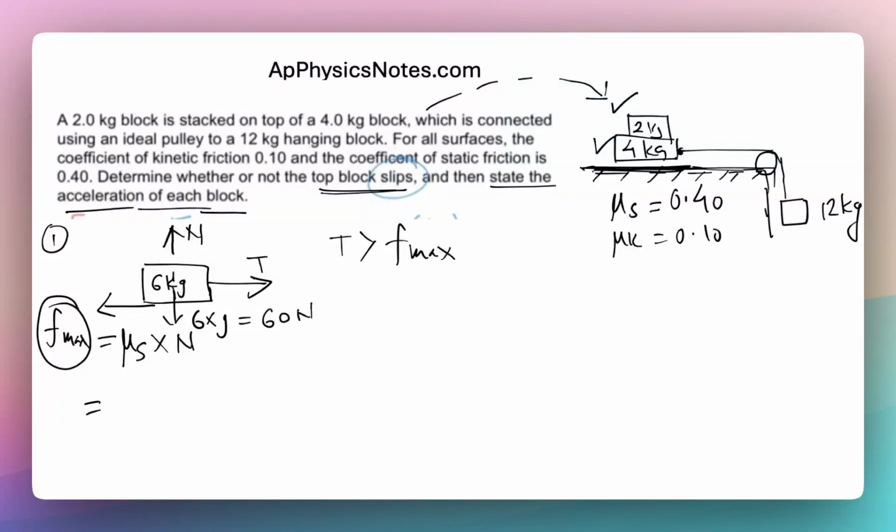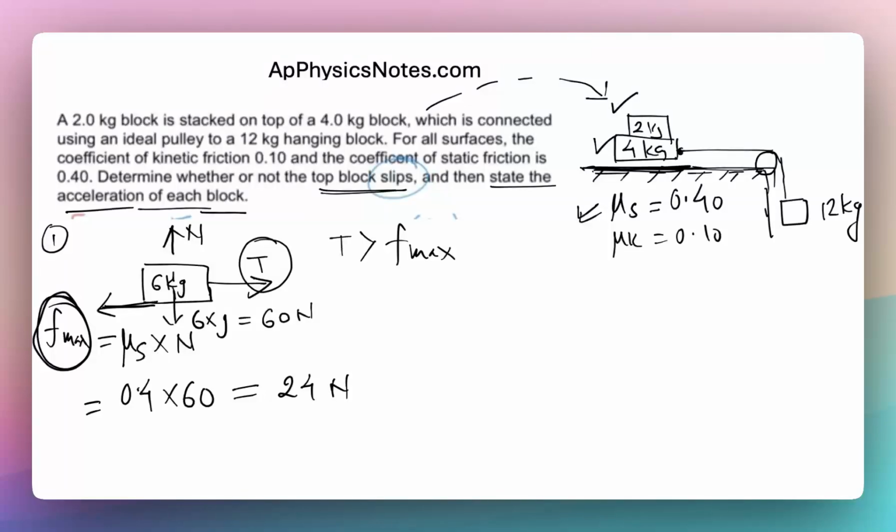F max is the friction force, and as we know, static friction is the maximum you can get. So 0.4 multiplied by 60 is 24 Newton. That's the maximum friction force which can prevent the block from moving. Now let's see how much the tension is going to be.